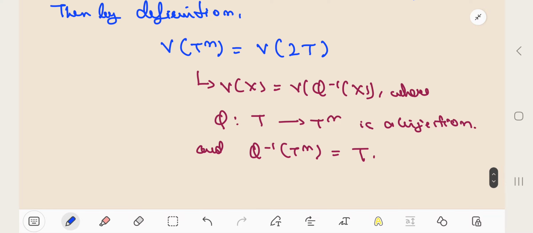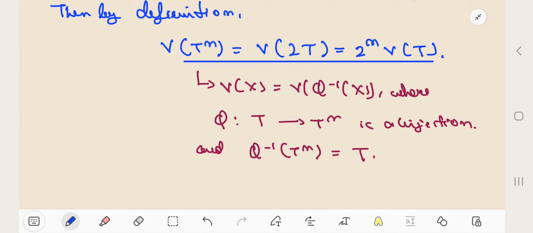Okay, so we have the volume of the n dimensional torus, which is the same as the volume of the doubled fundamental domain, but we have seen that the volume of the doubled fundamental domain is nothing but 2 to the power n times the volume of T, right? Okay, so this is something to be kept in mind for now.